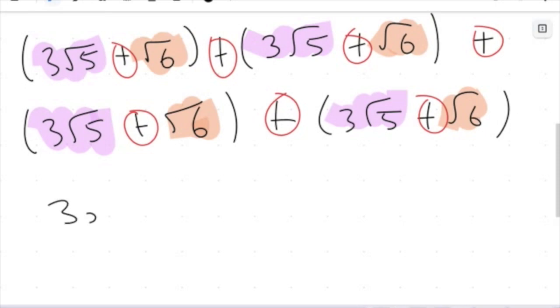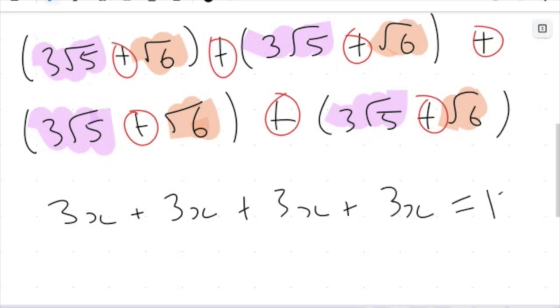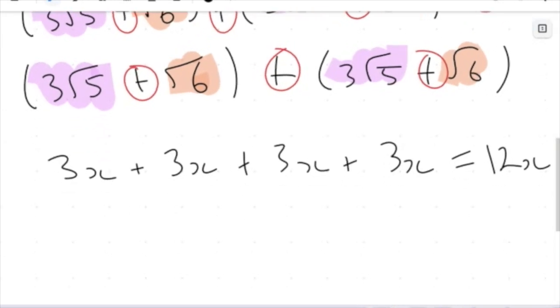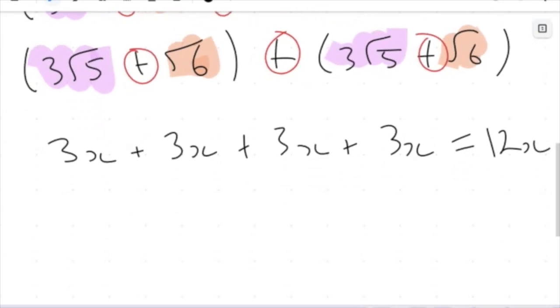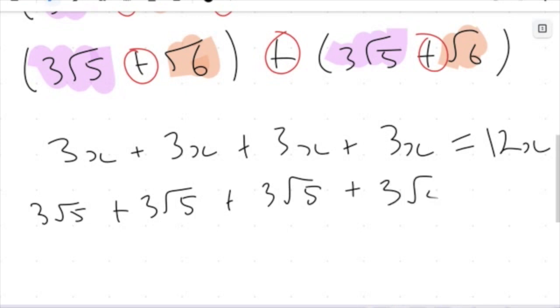So if we had 3x plus 3x plus 3x plus 3x, that would give me 12x. So if I replace x with root 5, then my sum here is going to work in the same way as the algebraic term. So that would give me 12 root 5.